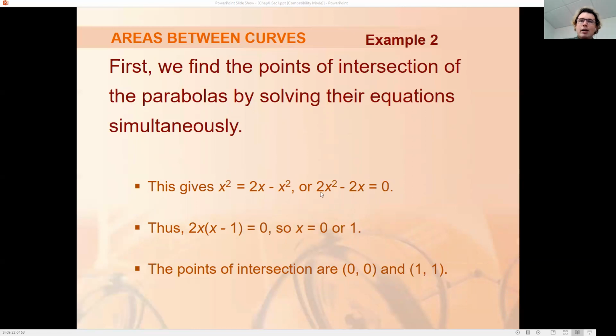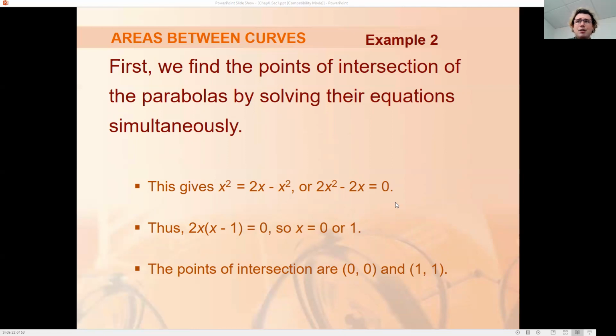So now, putting them together, I've got 2x squared minus 2x equals 0. And I can factor out an x. This equation reduces to 2 times x times quantity x minus 1, all equals 0, which makes it pretty clear, at least to me, my solutions are x equals 0, x equals 1. Those are going to be my two boundaries for the integral.